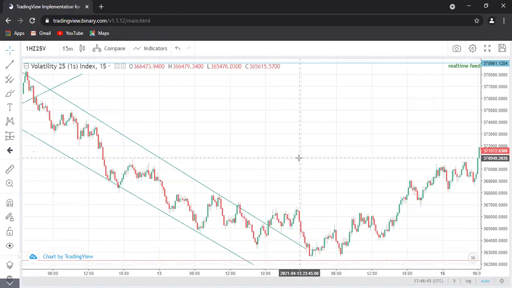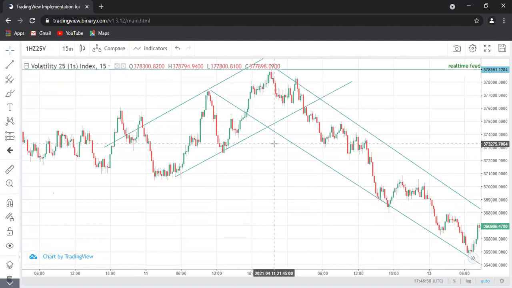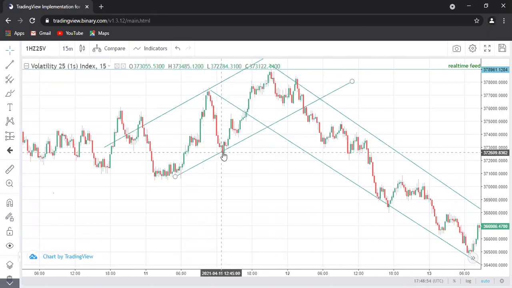Can you see how accurate the trend is? So now, this is what I'm talking about here. As you can see, what kind of pattern is this that happened over here? Yeah, like this. What kind of pattern?